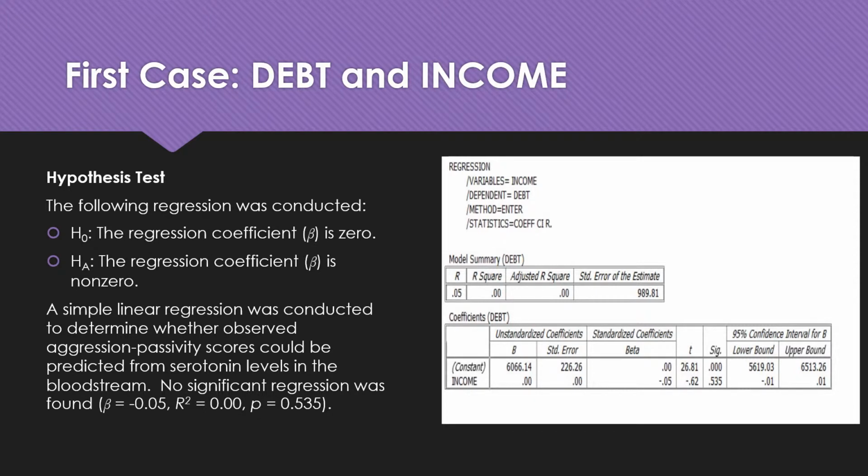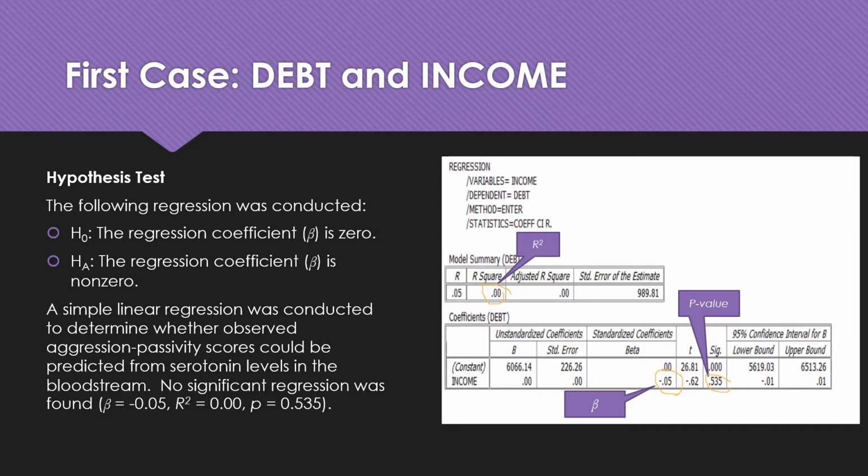In the first case, we are comparing between debt and income. The null hypothesis, as said, is that the p-value is 0, and the alternative hypothesis is that the p-value is non-zero. When we run the data through PSPP, we can notice the R square, which is equal to 0, and the p-value, which is 0.535.